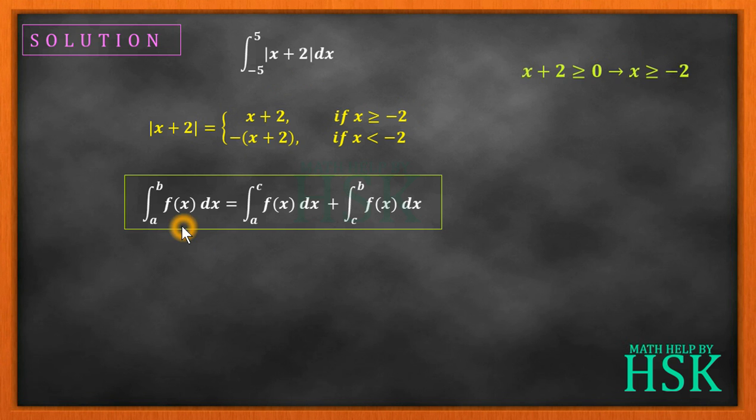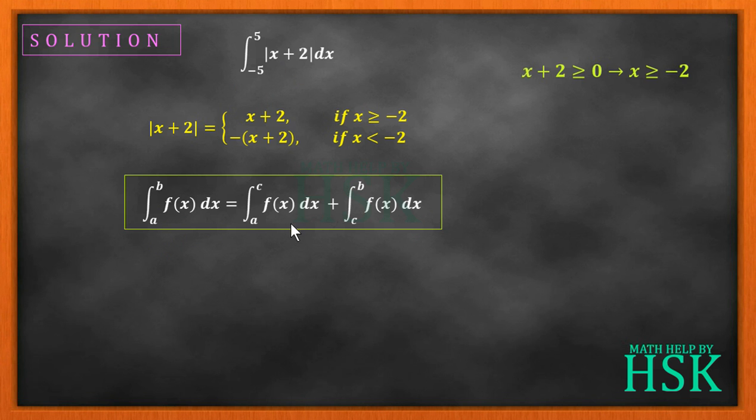We are not considering the non-differentiability of this function; we are only considering the continuity. So the function is continuous for all the real numbers, and we can apply this property.